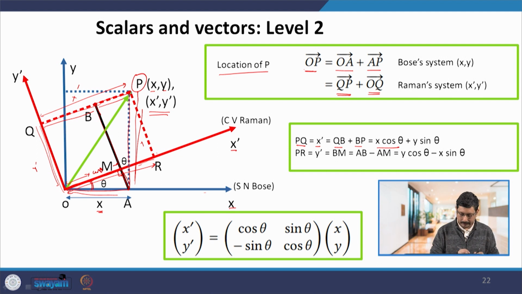So, this angle is theta. So, if this angle is theta, then this angle is also theta. This I leave as an exercise, this is easy to show.